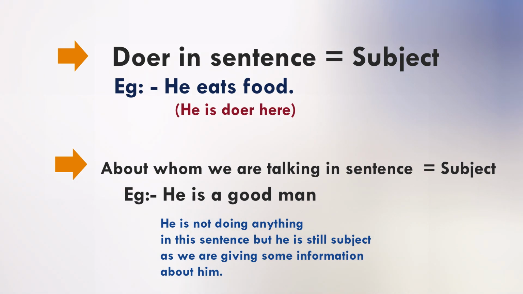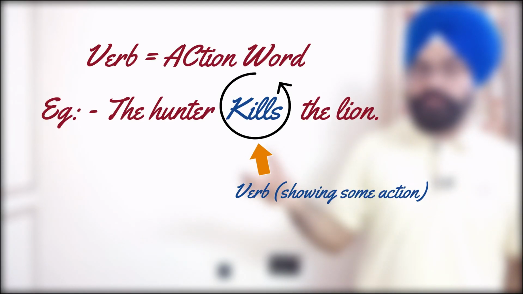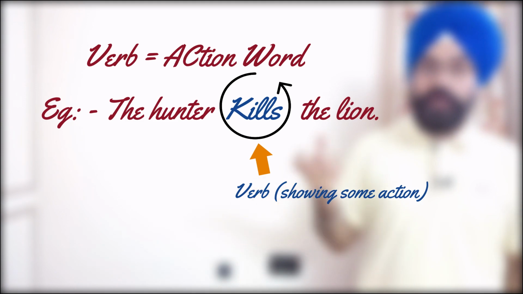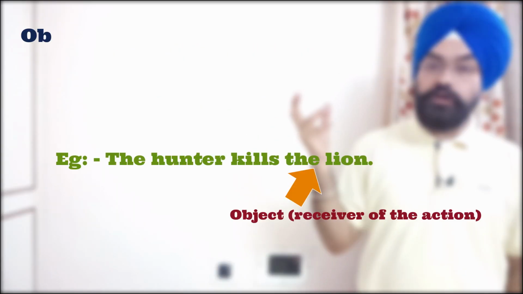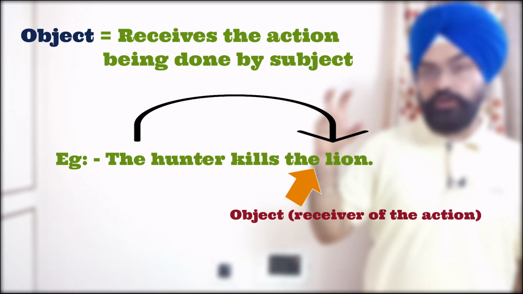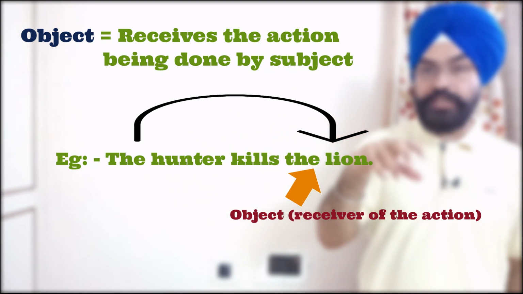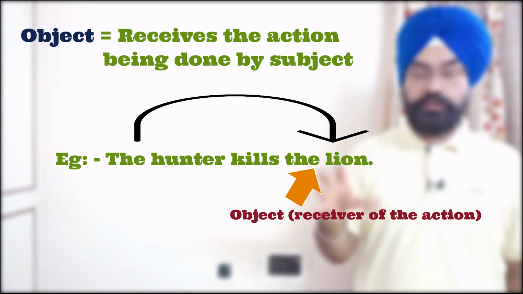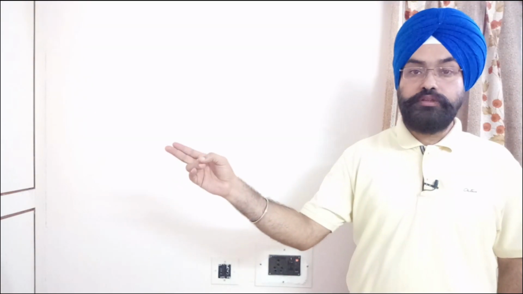So the doer is called the subject, and after that there is a verb. Verb is the action word which denotes some action in the sentence, and the object is what is affected by the work being done by the subject. That was a slight introduction about subject, verb and object, okay.